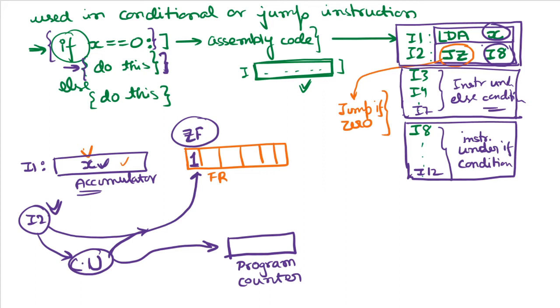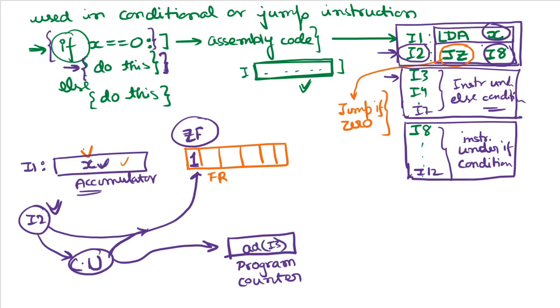So first of all, the control unit checks if the 0 flag is a 1 or not. If it is 1, then initially the program counter, since it was running instruction I2, was having the address of I3, right?